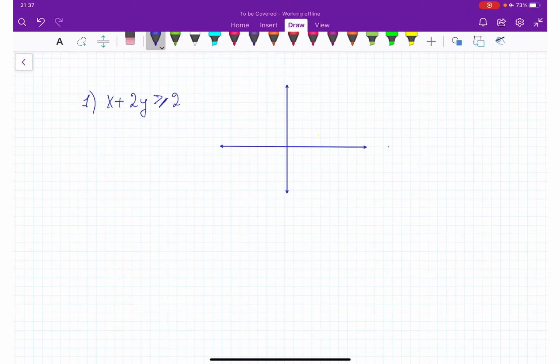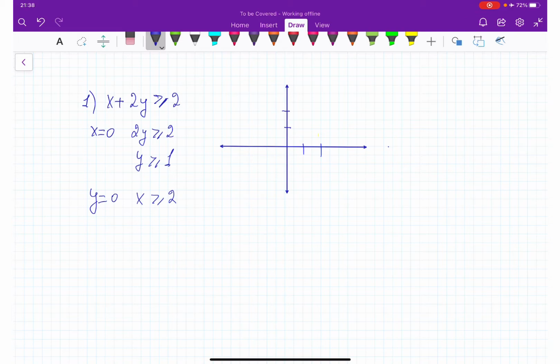All right, so this is 2, this is 4, this is 2, this is 4. So first, the intercept when x is equal to 0. Then we have 2y is greater than or equal to 2, so y is greater than or equal to 1. Yes? Okay. So when y is equal to 0, then we have x greater than or equal to 2.